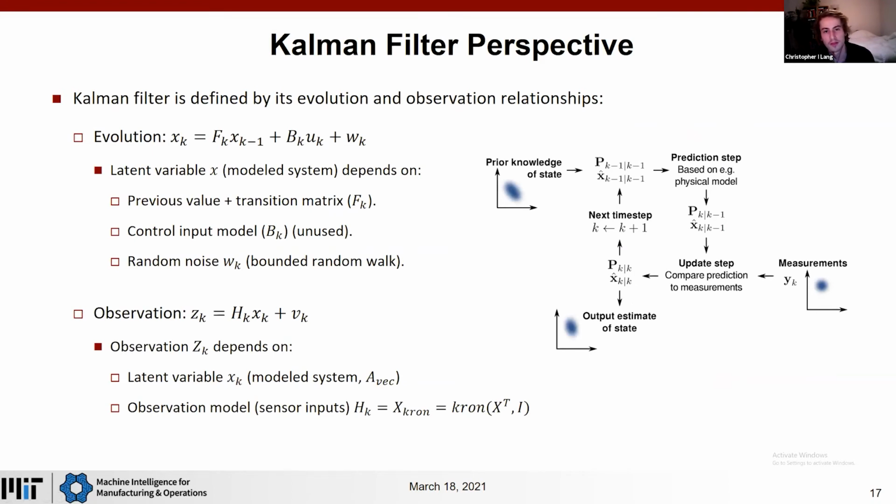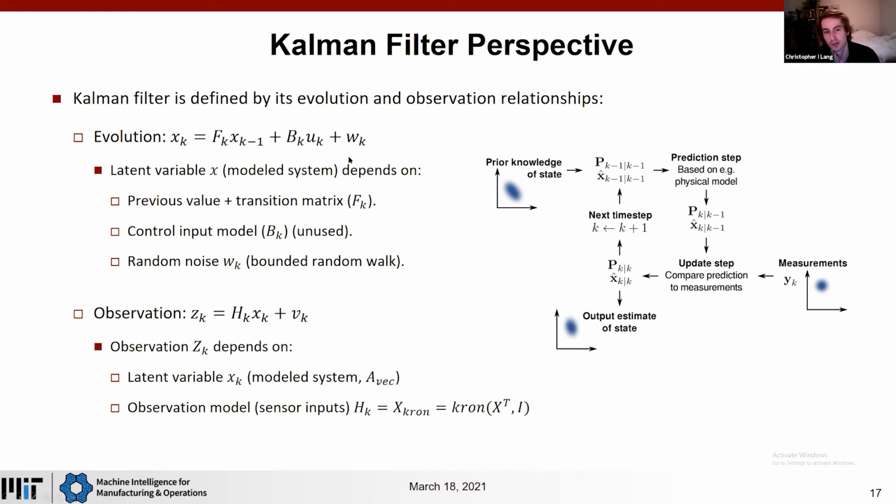So within the Kalman filter framework, you end up having two different steps. You have this evolution step where at each time point, we expect our state, or what we're trying to model, to change a little bit. So it's going to be a function of its previous state, some inputs to the system, which in our case are unused, and also some random noise.